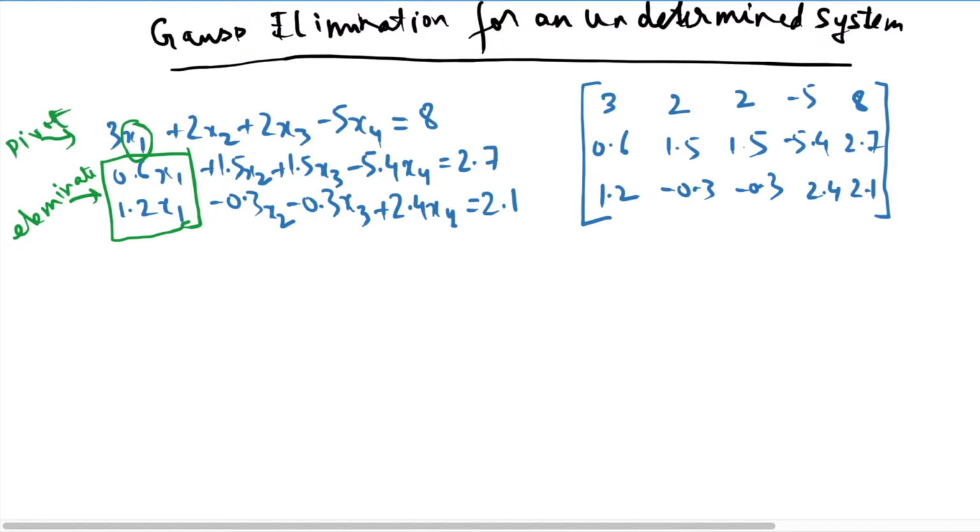And you can do so by applying elementary row operations. So what you can really do is that if you subtract 0.2 times the first equation from the second equation, and if you subtract, let's say, 0.4 times the first equation from the third equation, we will be able to eliminate x1 from the second and the third equation.